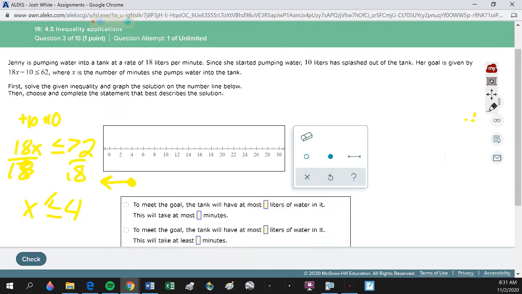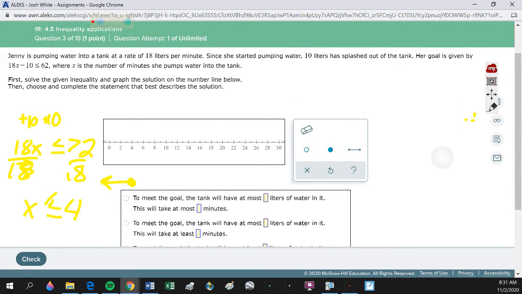Okay, so we're good. How long is it going to take to reach that? So 4 minutes. This is in minutes, right?